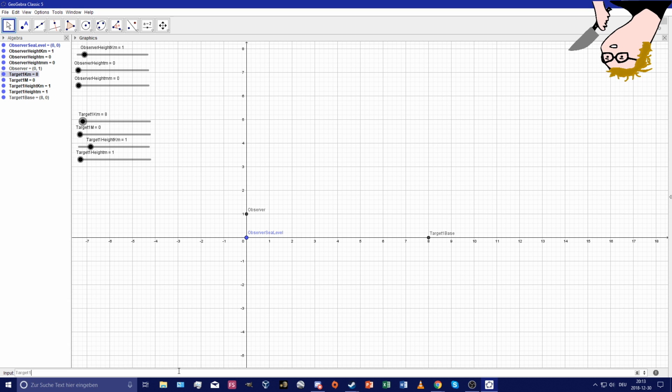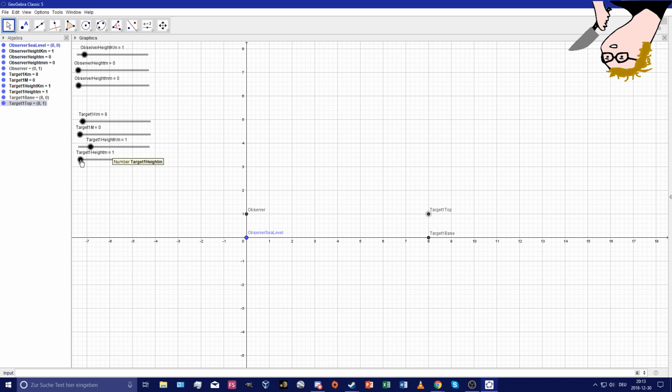So target 1 top equals, now it's getting complicated, target 1 kilometers plus 0.001 times target 1 meters on the x value, and on the y value it will be target 1 height kilometers plus 0.001 times target 1 height meters.